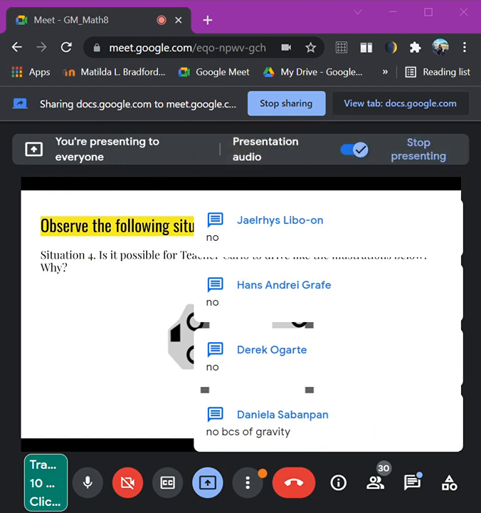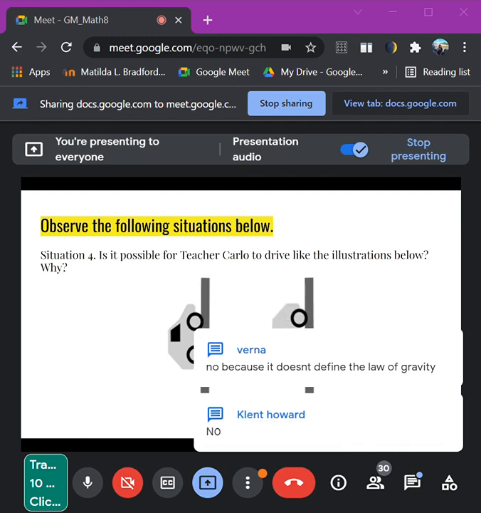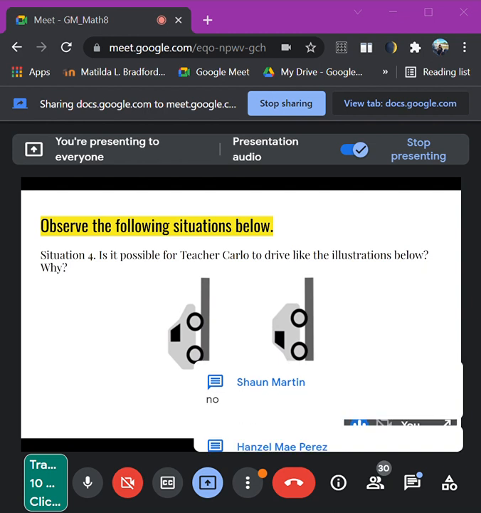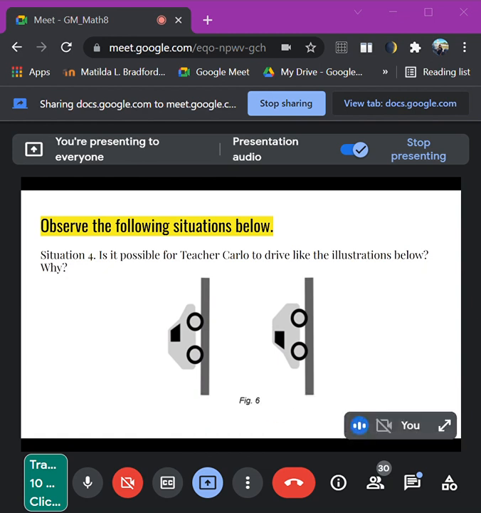That is no. So you have there in the picture, it is very difficult, as if he is hanging there. Okay. So, since it's close to impossible and also because of the gravity. And which is correct, because of the gravity. Because the car would fall straight down. Okay, so good job.